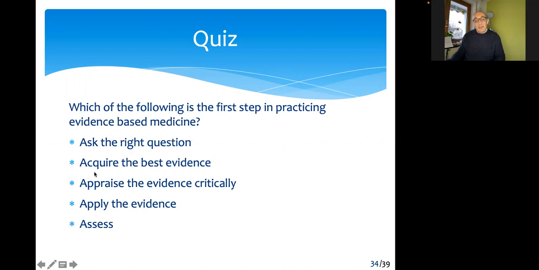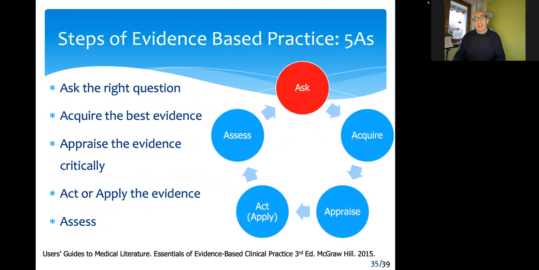Asking the right question, acquiring the evidence, appraising the evidence, applying the evidence, or assessing what we have done. Actually, here I have given the circle with the 5 pillars, 5 components of evidence-based medicine.